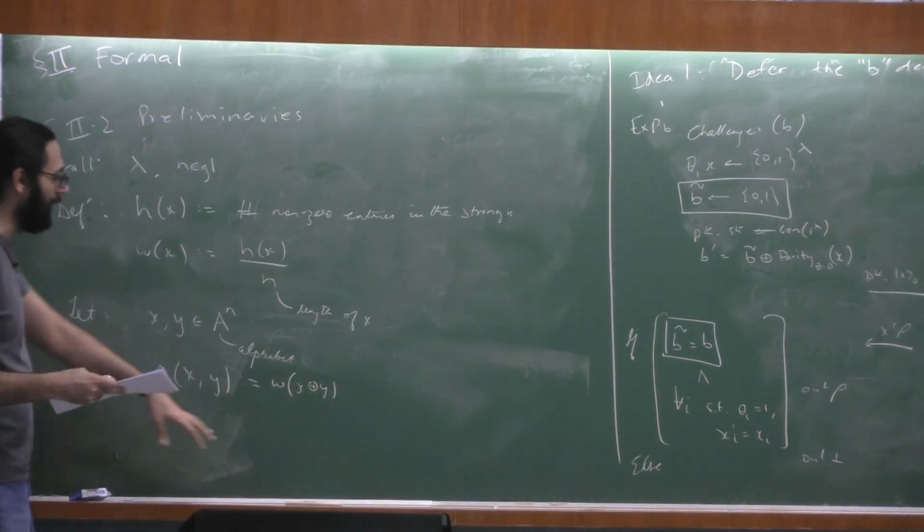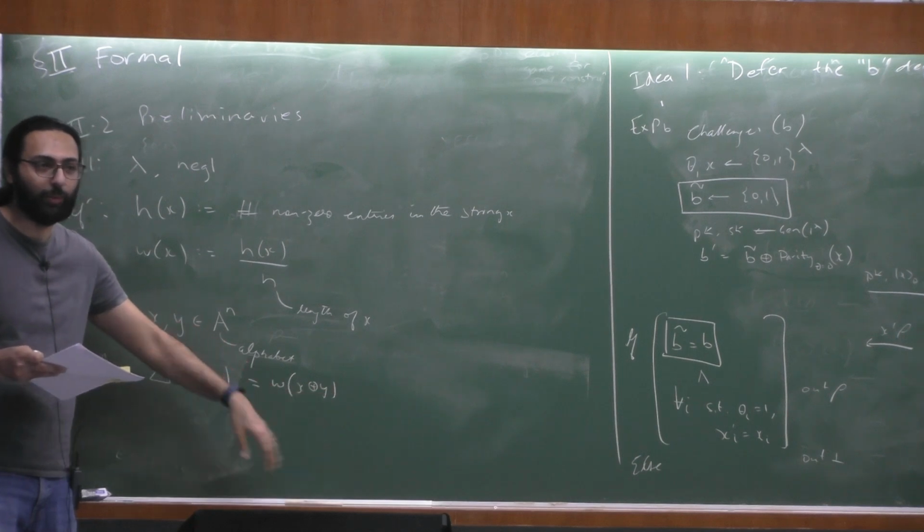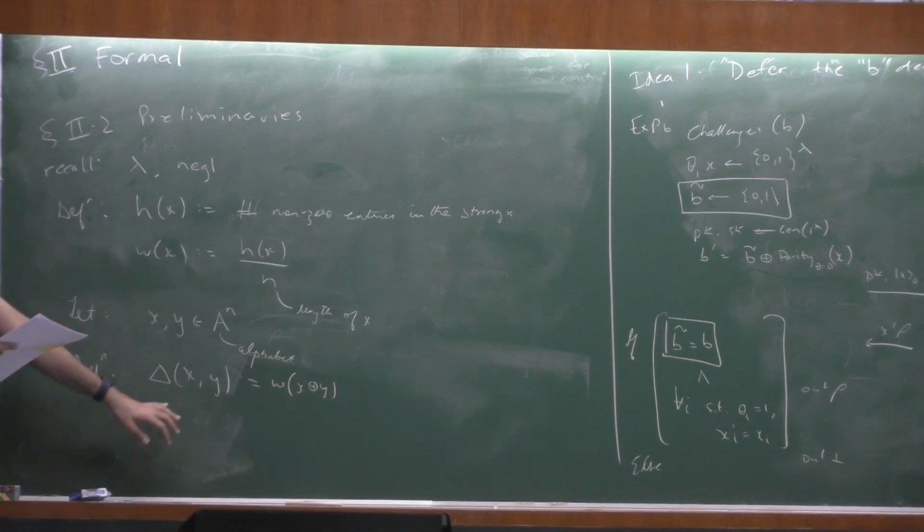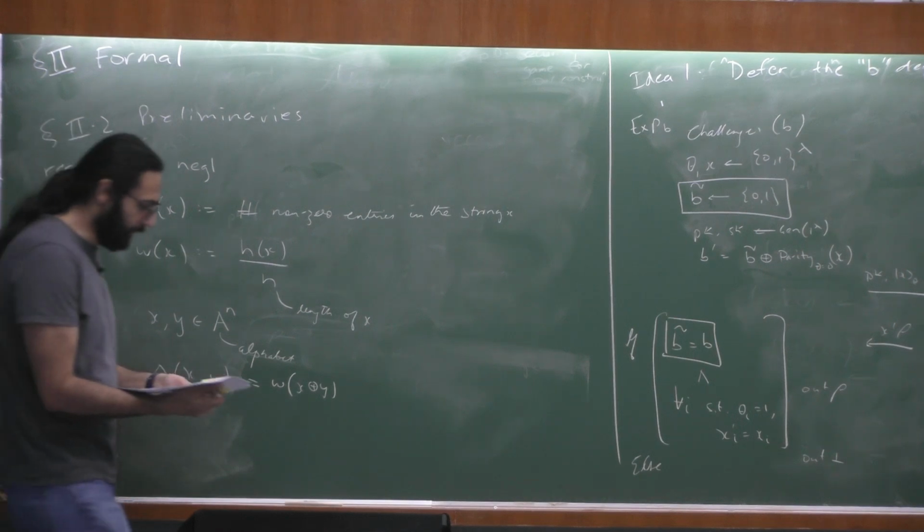It's the relative Hamming distance, the XOR of the strings. So basically asking how many bits you need to flip in order to change one to the other. Okay, very good.